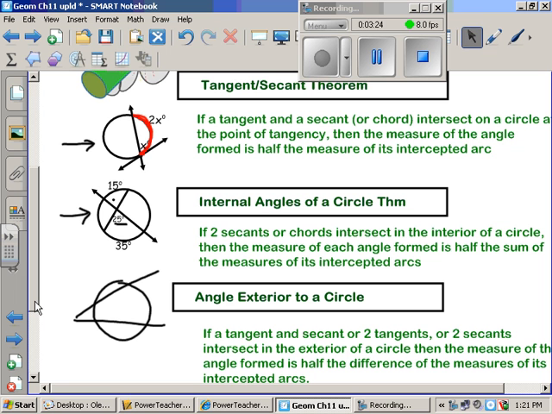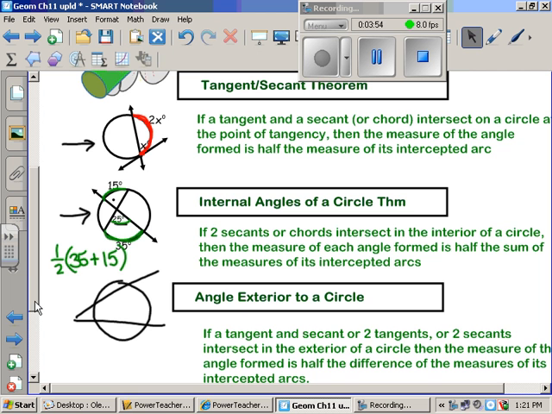Up until now, it only intersects one arc, but now we have two: this arc and this one down here. So the measure of this angle is equal to 1/2 the sum of the two intercepted arcs. So in this case, 1/2 of 50, which is 25.